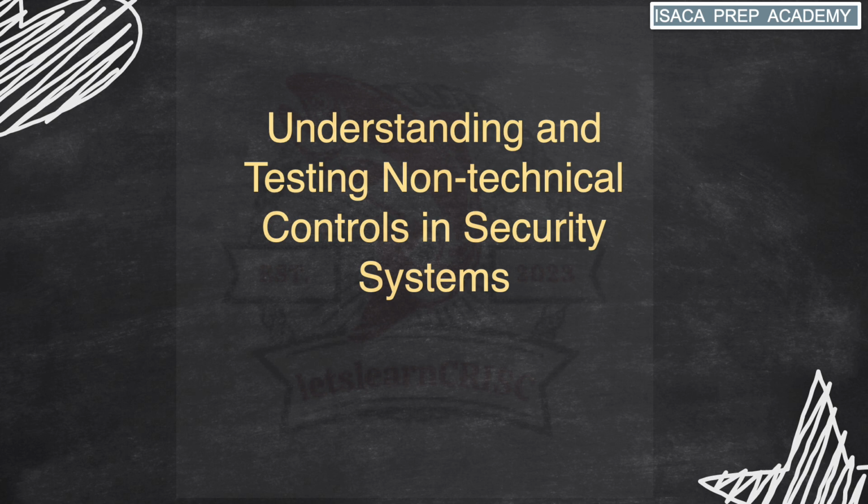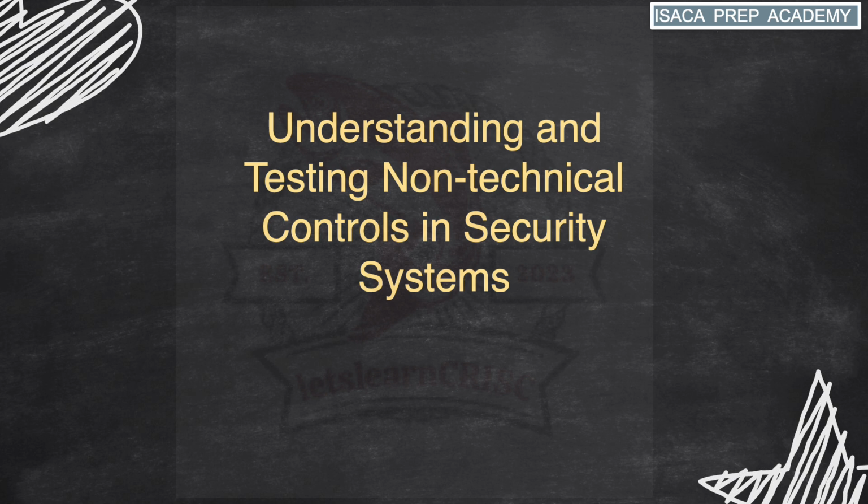Friends, when we talk about security, it is crucial to include non-technical controls, which encompass administrative and physical safeguards. And these mechanisms play a pivotal role in ensuring a comprehensive security framework.